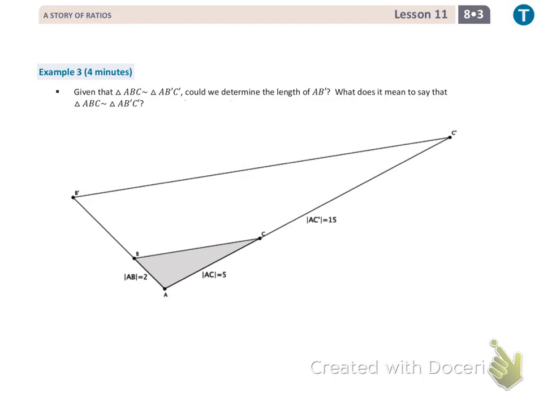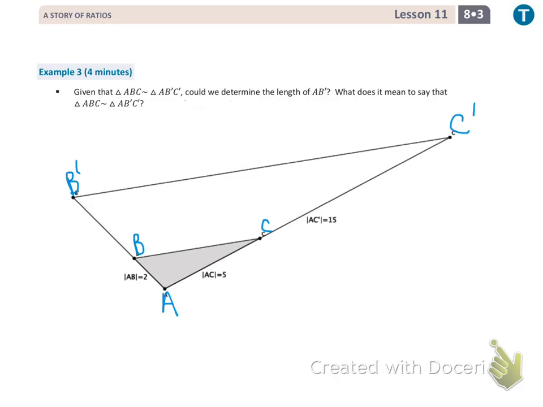Okay, this next example is a little bit different. This next example tells us that we have similar triangles. Triangle ABC is similar to triangle A, B prime, C prime. So let me label this so you can see it a little better. So there's B prime and C prime. There's point C, point B, and A. Okay, and we're also given some lengths.